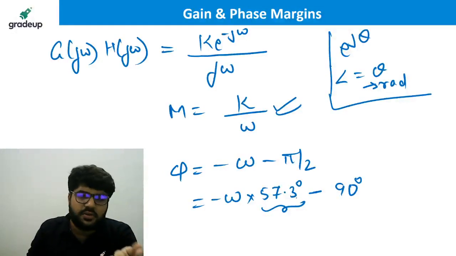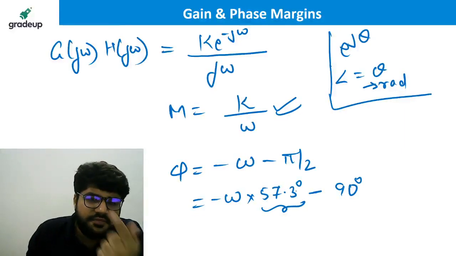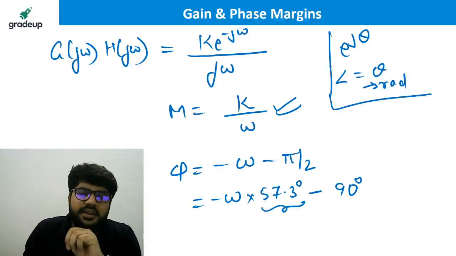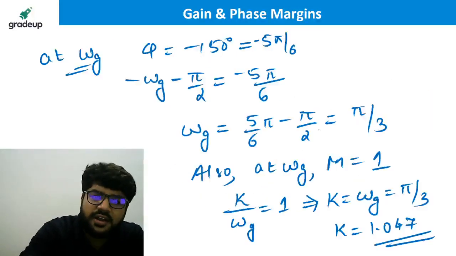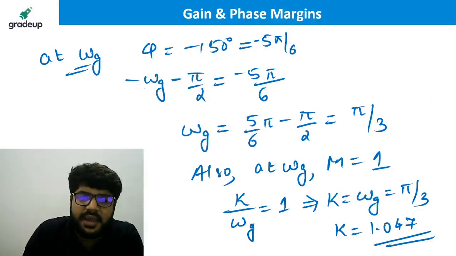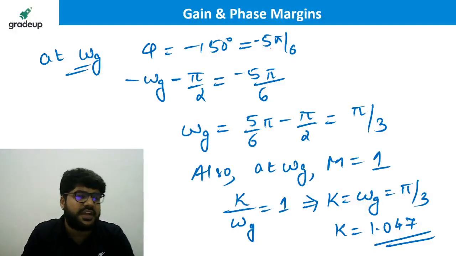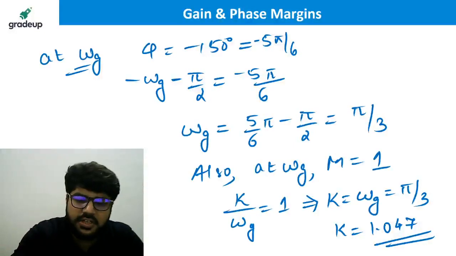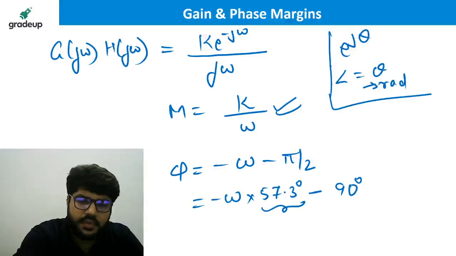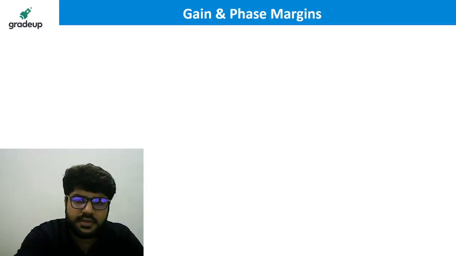I told you yesterday also. 57.3 is the conversion from radian to degree. Or if you are not converting, directly use it in radian. Minus omega minus pi by 2 is minus 150, but minus 150 converted into radian is minus 5 pi by 6. The unit should match.